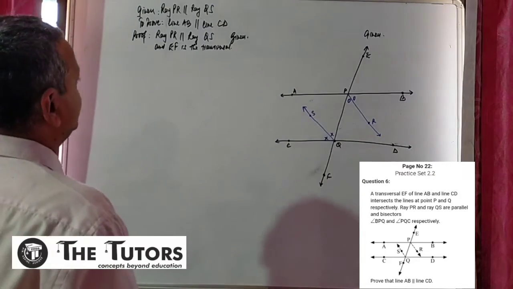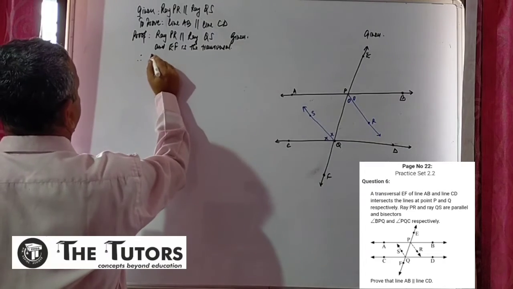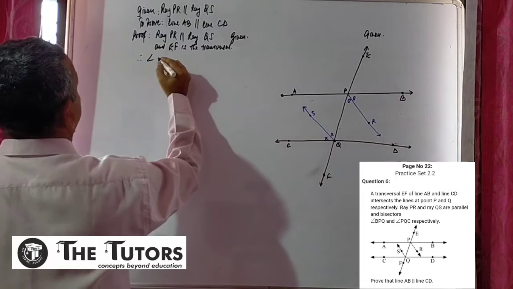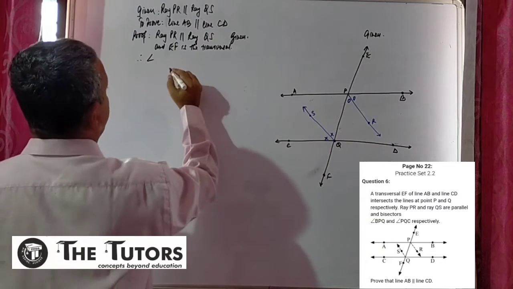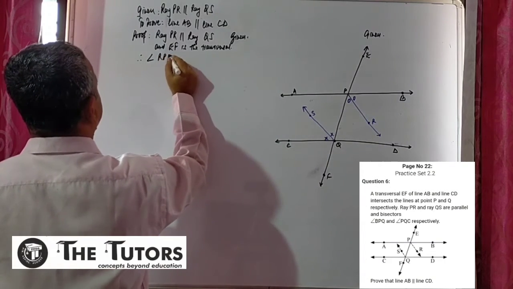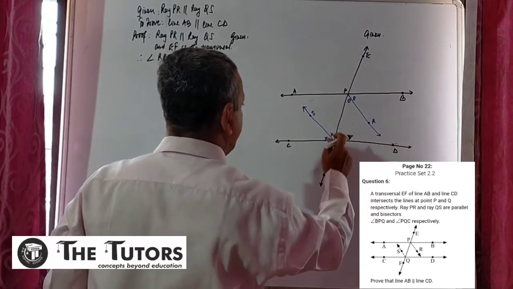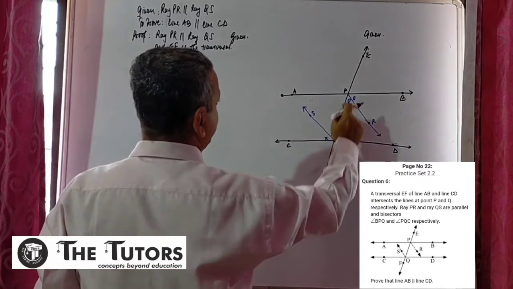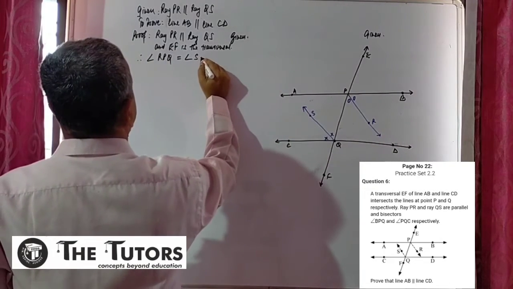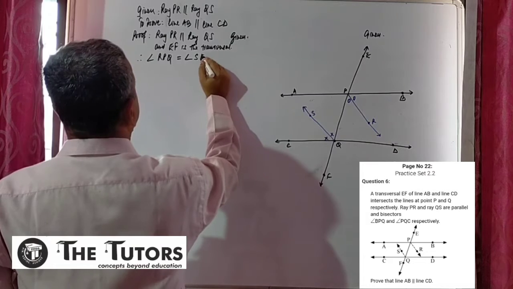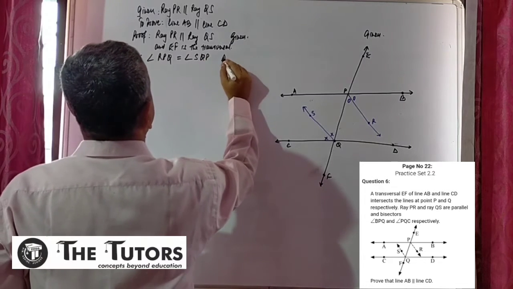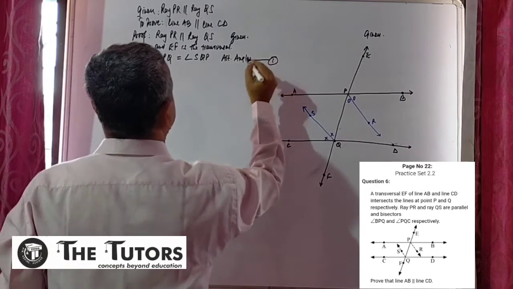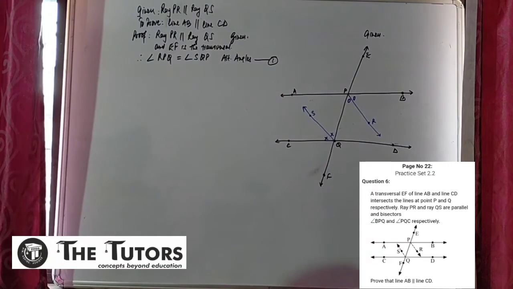Therefore, what we get? Angle RPQ is equal to angle SQP, alternate angles.